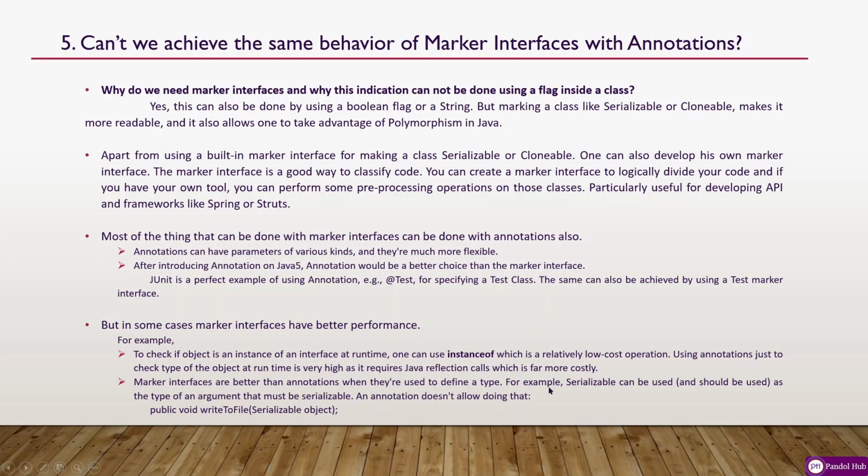For example, Serializable can be used and should be used as the type of an argument that must be serializable. An annotation doesn't allow doing that. The interface type itself we can pass as a parameter, whereas with annotations we cannot do that.